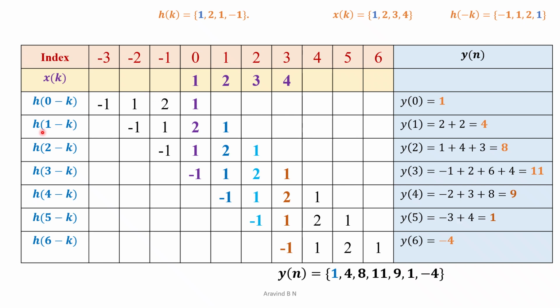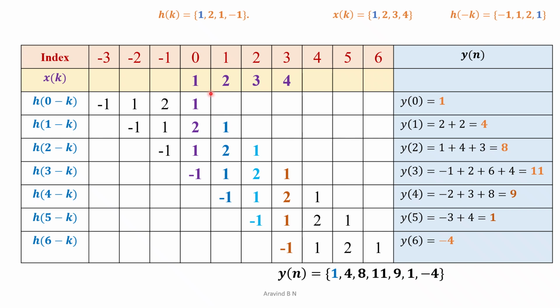Now when it comes to h of 1 minus k, here 1 is the n0 value. n0 is a positive value, therefore we have a shift towards the right with respect to h of minus k, right? So now it has shifted one value. Here it is -1, 1, 2 and 1.